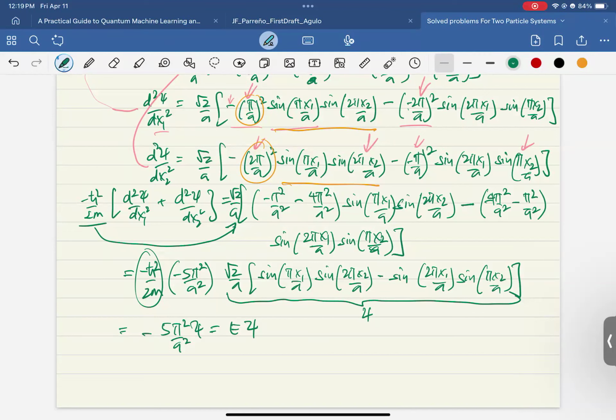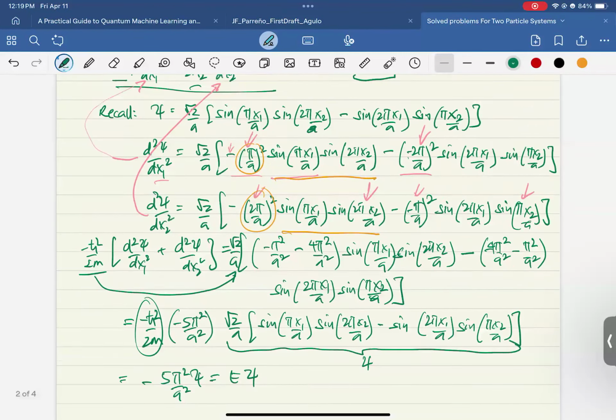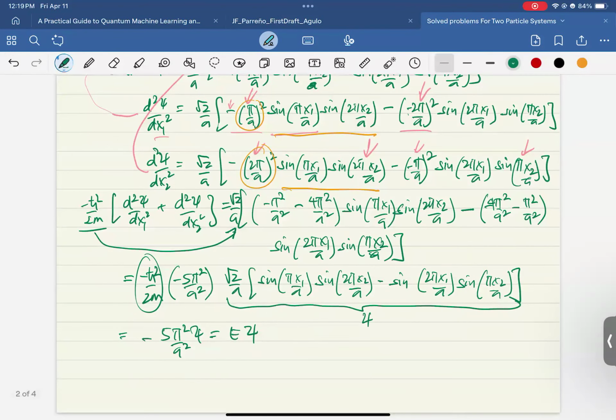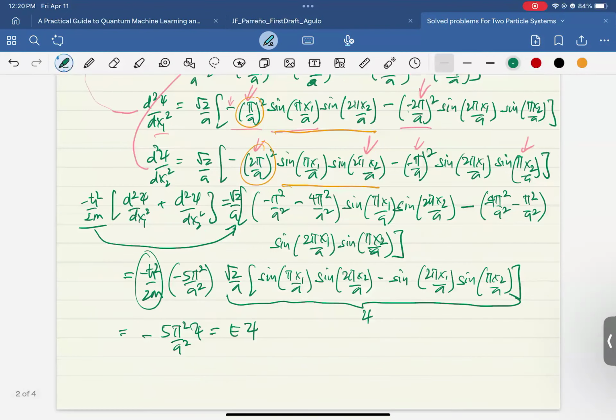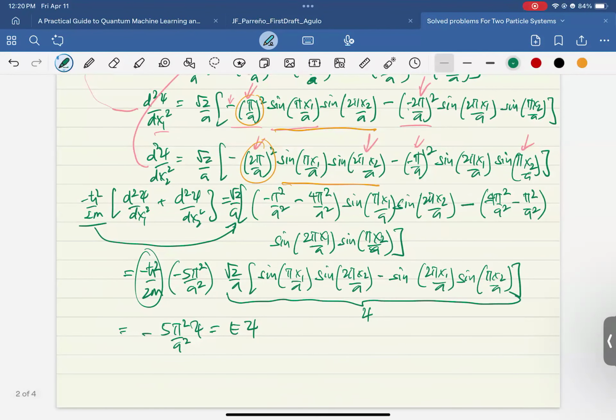So, ang E natin ngayon, okay, no, hindi siya pala kasama. Okay, sandali figure out ko lang ito. 5 h bar squared pi squared over 2m.